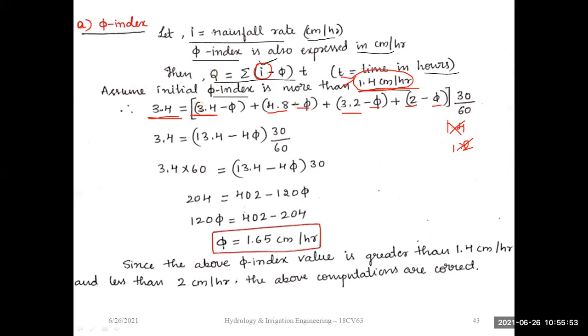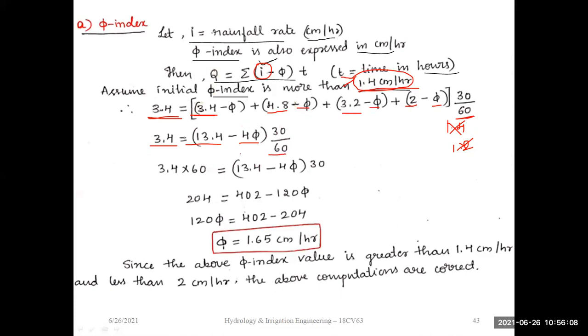Into T, which is 30 minutes, divided by 60 because we are converting into hours. If you simplify this, you will get 3.4 is equal to (13.4 minus 4 phi) into 30 divided by 60.